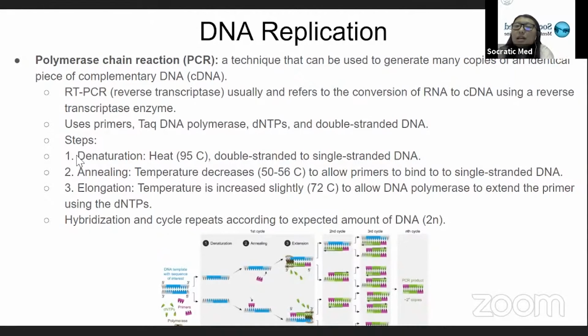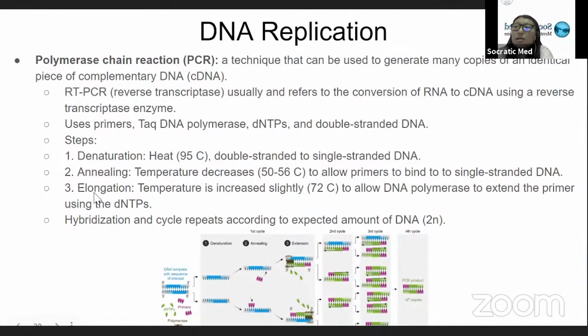The second step after denaturation is annealing, where the temperature is decreased to about 50 to 56 degrees Celsius. That allows the primers to bind to the single-stranded DNA, since they weren't able to before when it was in that double strand.